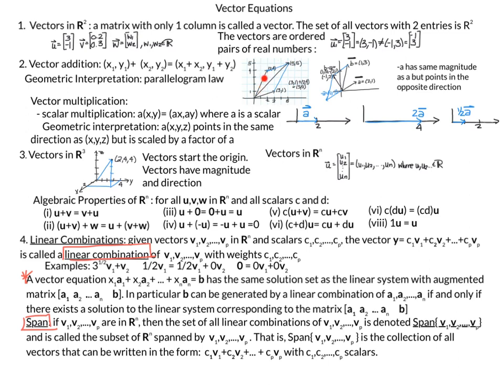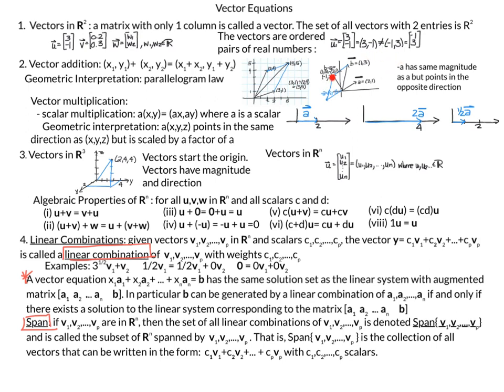So we took (2, 4), we translated the beginning of this vector over to the end of (3, 1), and we drew the parallelogram. We draw the vector going from (0, 0) to the tip of the parallelogram, and we get (5, 5), which is the same solution we would get if we did this algebraically: (3, 1) plus (2, 4). So 3 plus 2 is 5. 1 plus 4 is also 5.